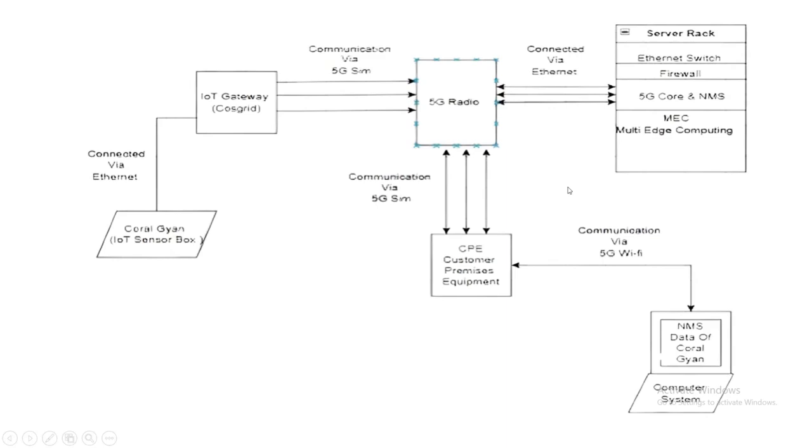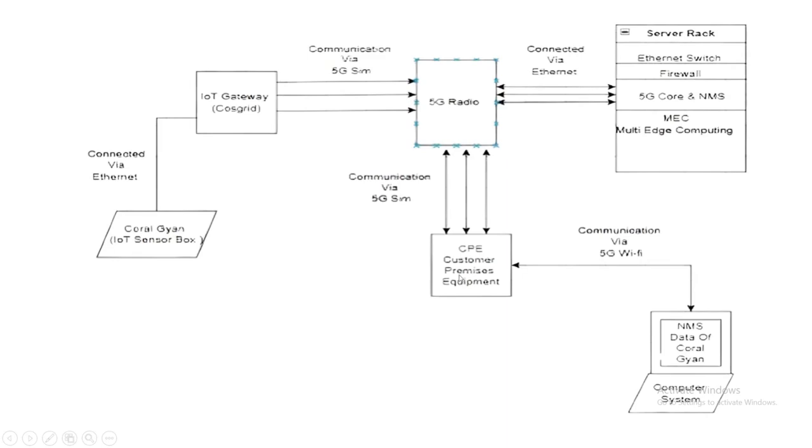After that, for this particular example, we have connected the communication establishments via CPE, which is customer premises equipment. This premises equipment transmits that data via 5G, which I just told you, like a Wi-Fi.